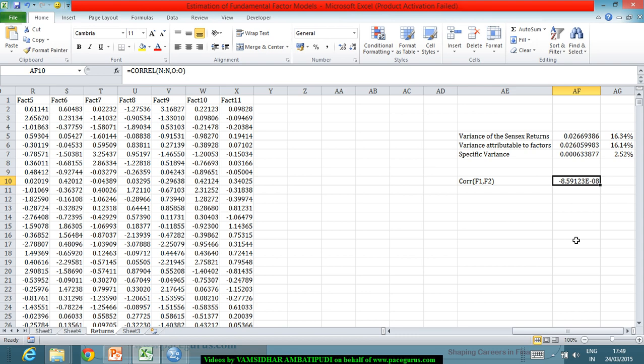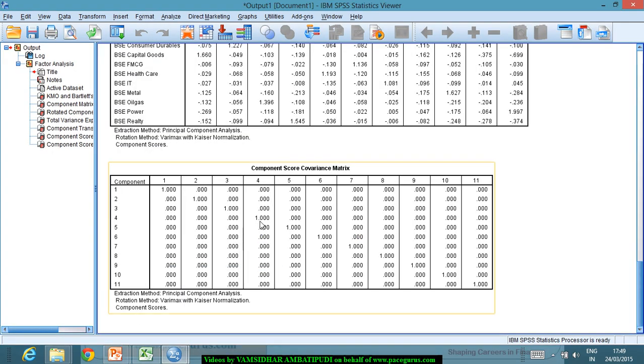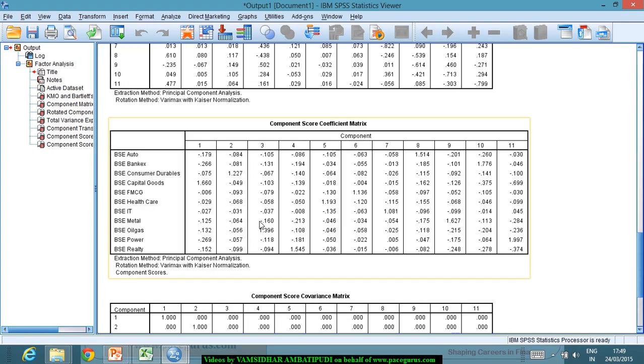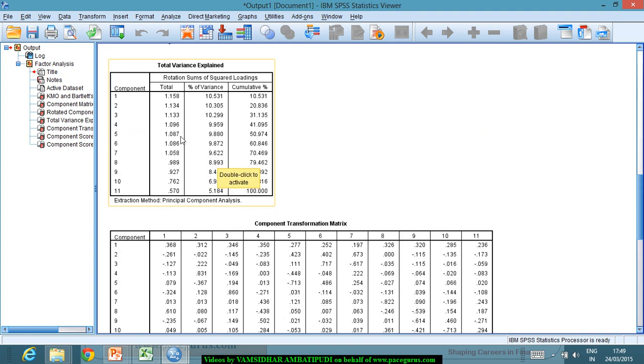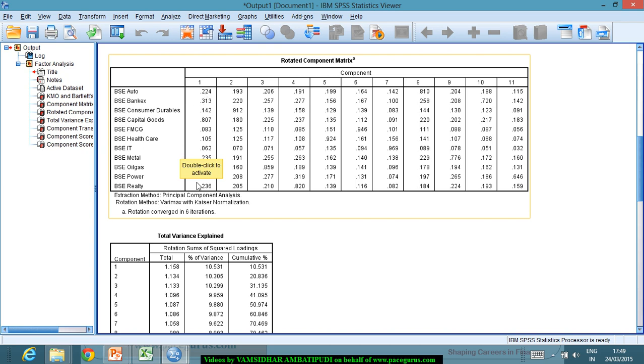So, which means these factors are completely independent now, right? And now each factor, we know from SPSS the way it got computed. Each factor got computed through this particular formula.